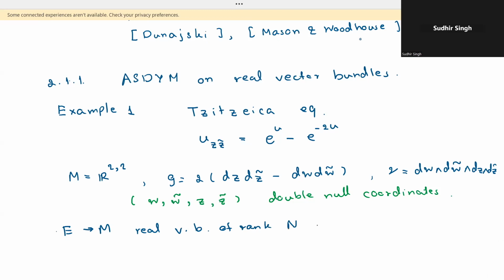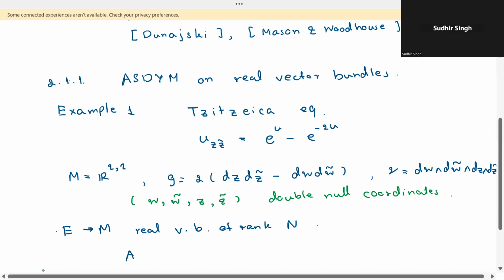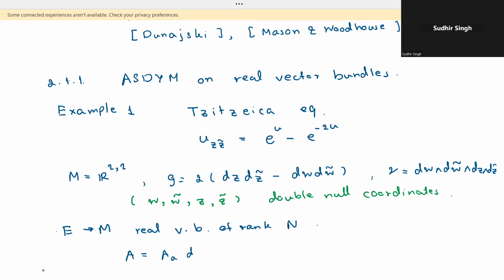And suppose we write the connection one-form locally, we can write it in terms of coordinate one-forms like this.